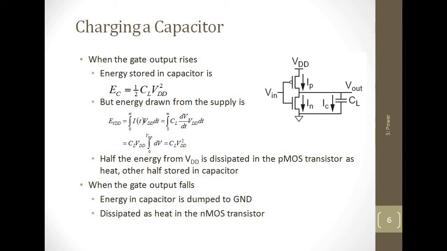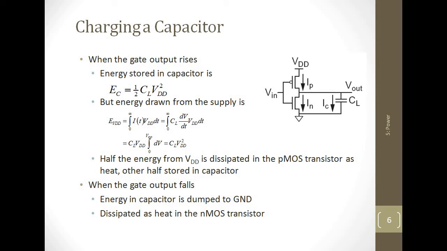But energy drawn from the supply is C VDD square, because from the supply it draws I VDD dt, which is CL dV upon dt into VDD dt, which is nothing but CL VDD square. Half the energy from VDD is dissipated in the PMOS transistor as heat, the other half is stored in the capacitor.